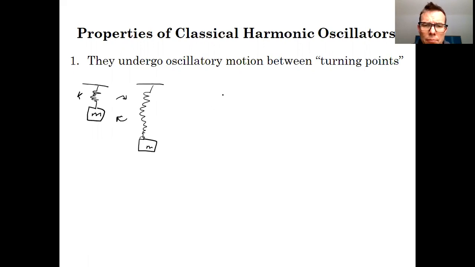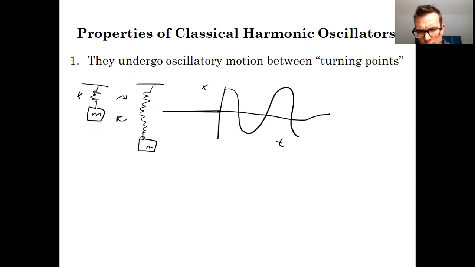So you could imagine plotting the position of your mass as a function of time, and it will undergo oscillatory motion. The specific equation which describes this is given here.